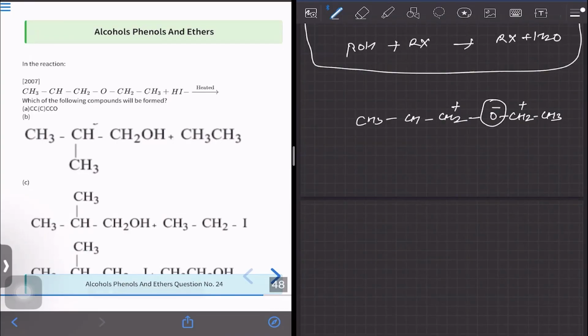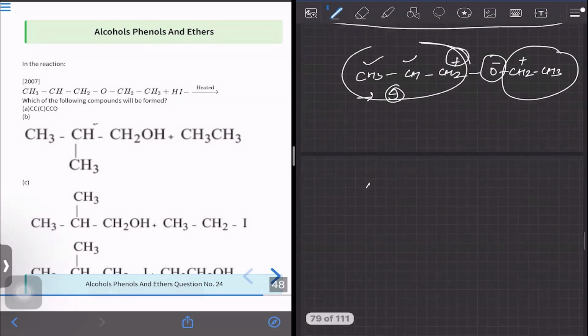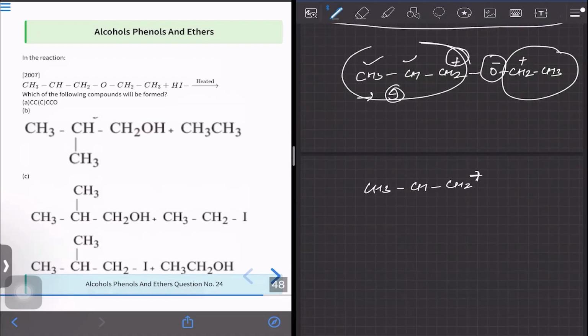So if it is positive here, these are electron releasing groups, which makes this carbocation more stable comparatively. So it will be CH3, CH, CH2 plus, and C2H5 O minus.